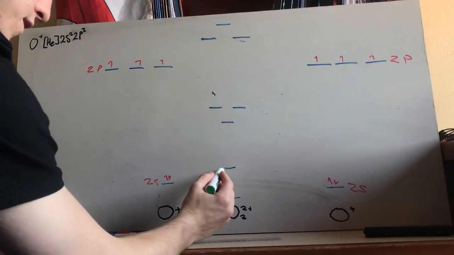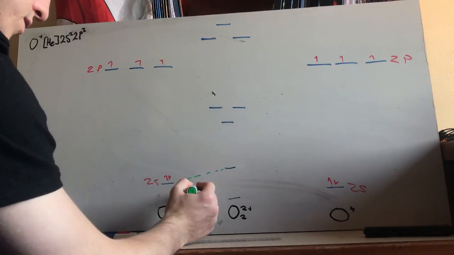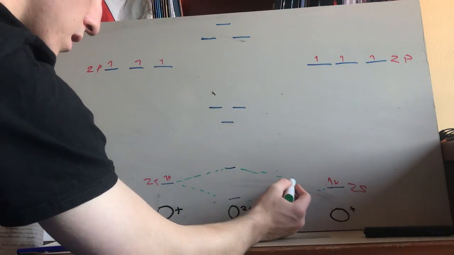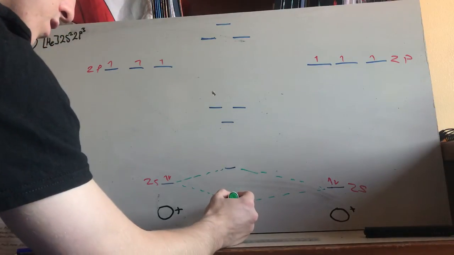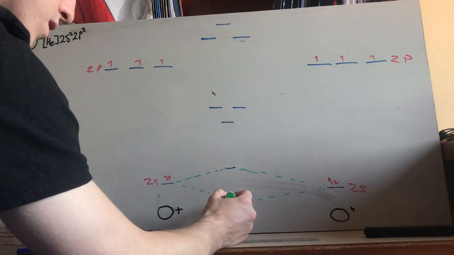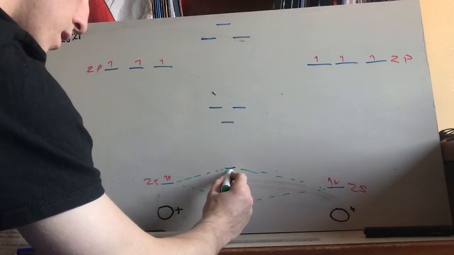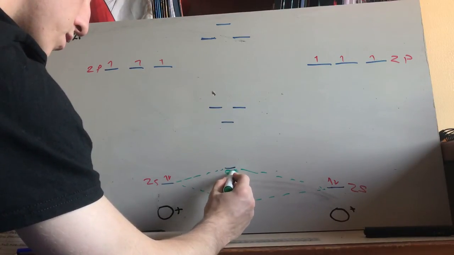Down here we will have the overlap between the 2s subshells to form the sigma 2s and the sigma antibonding 2s orbital.